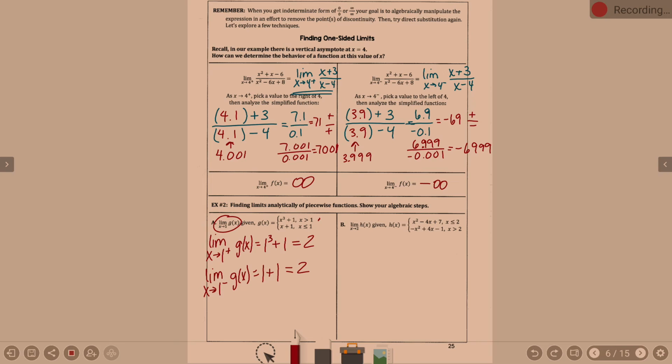A good way to write and show this is to say the limit as x approaches 1 from the right of g of x is equal to the limit as x approaches 1 from the left of g of x. And I can use, remember I mentioned those 3 dots? I can say therefore... I'm getting into trouble here, I'm too low.